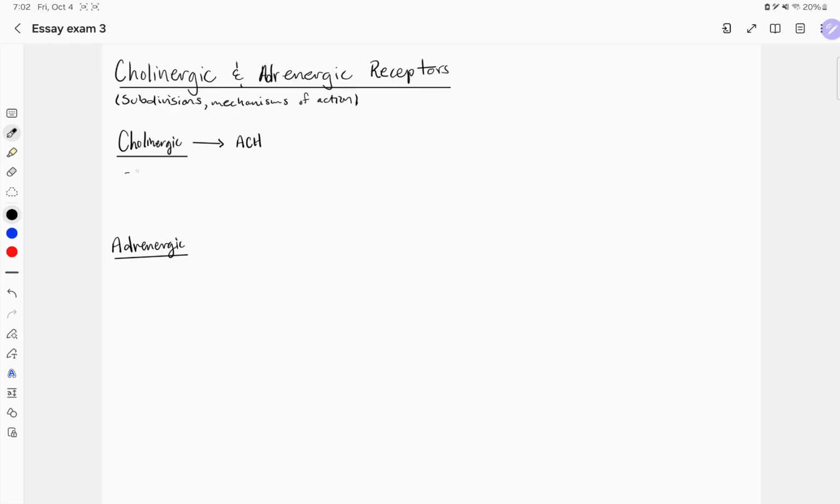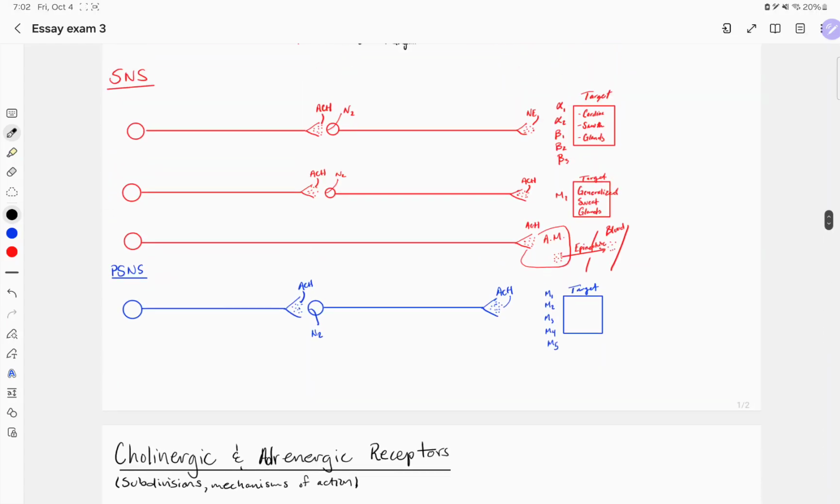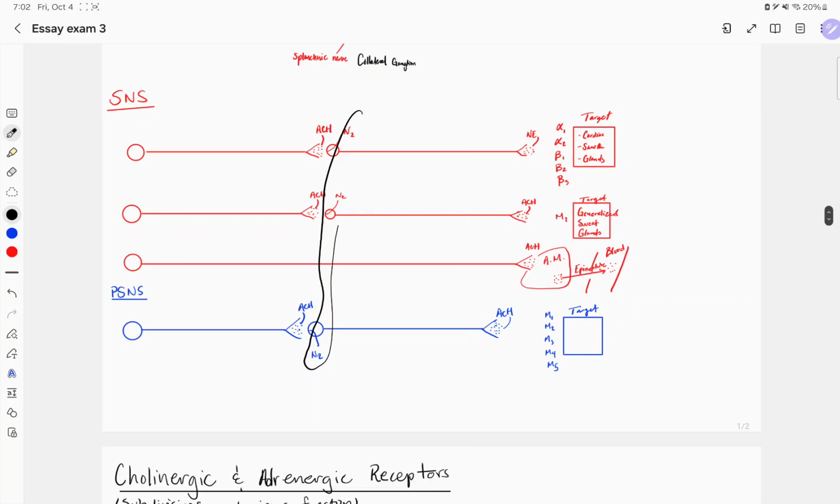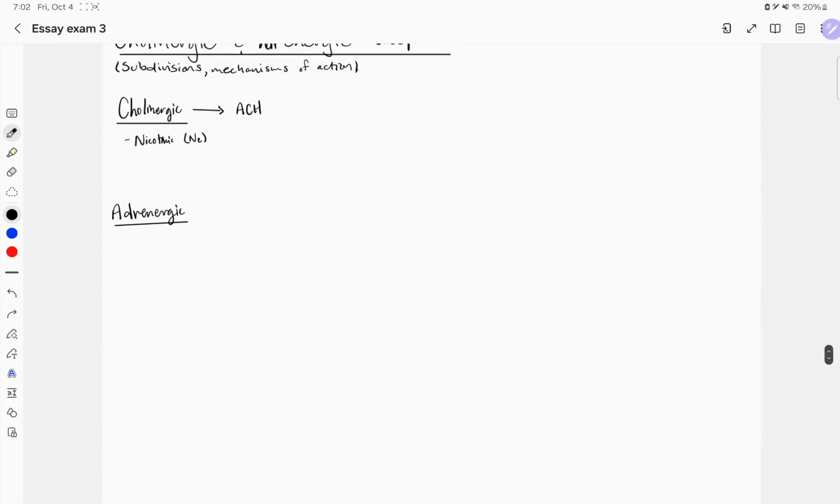And these are our nicotinic receptors. So you remember N2, like we discussed up here, right, with these ones. And our muscarinic receptors.